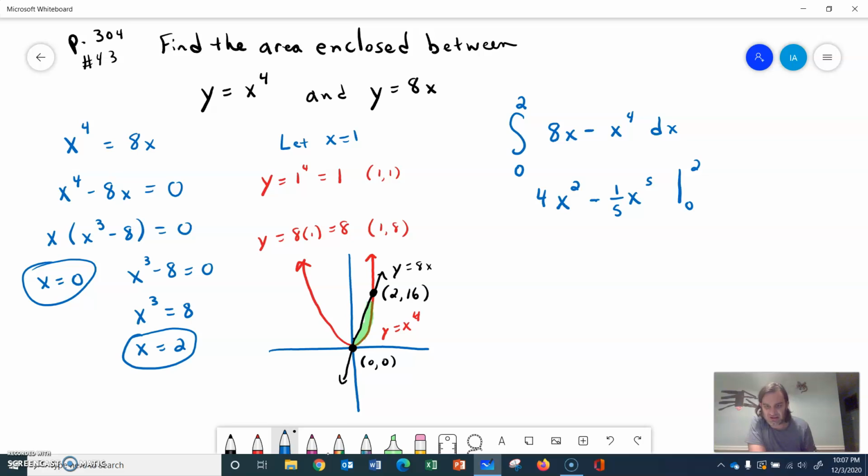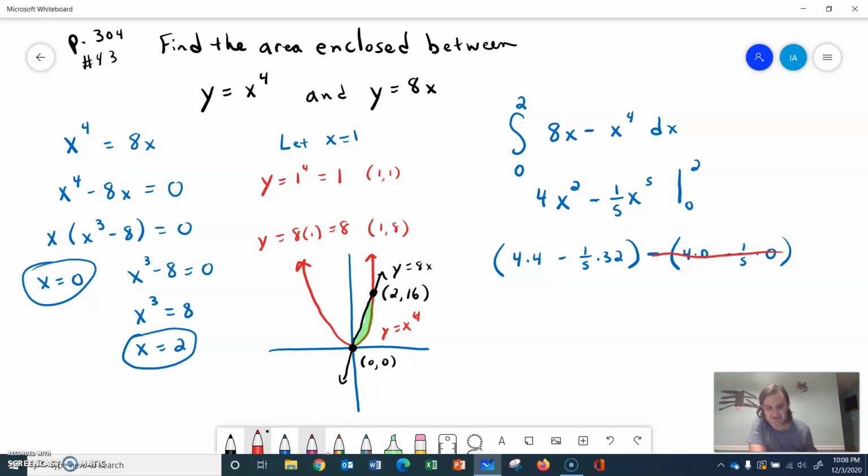Now we plug in the 2. We'll have 4 times 2 squared, which is 16, minus 1/5 times 2 to the fifth, which is 32. Then minus what we get when we plug 0 in: 4 times 0 minus 1/5 times 0, so that whole last part zeroes out.